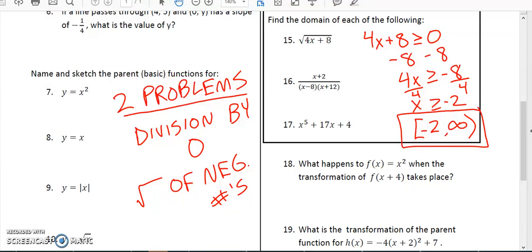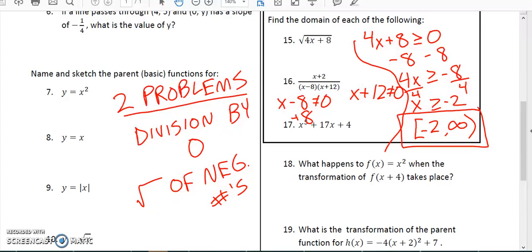For number 16, you got to avoid division by 0. So division by 0 occurs when either x minus 8 is 0 or x plus 12 is 0. So you say x minus 8 cannot be 0, x plus 12 cannot be 0.